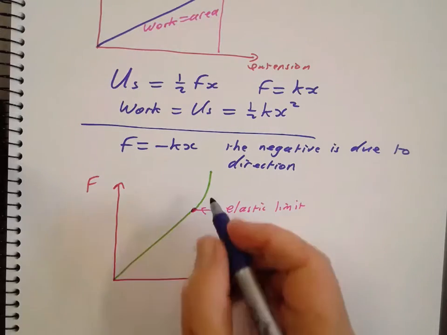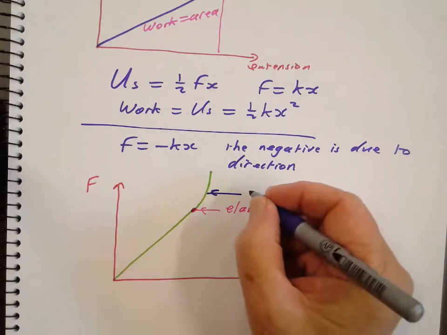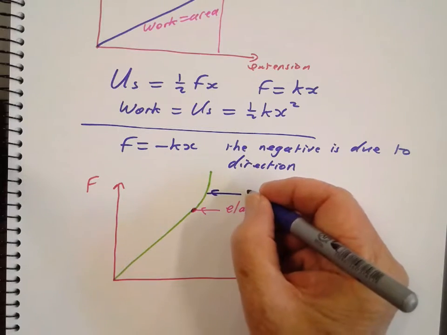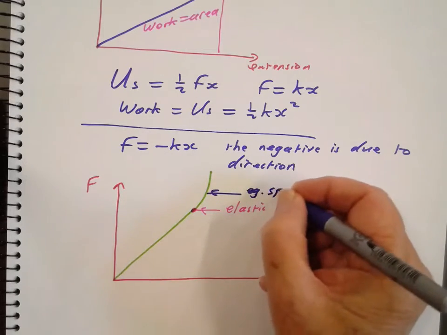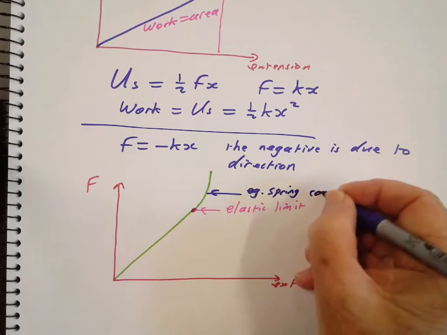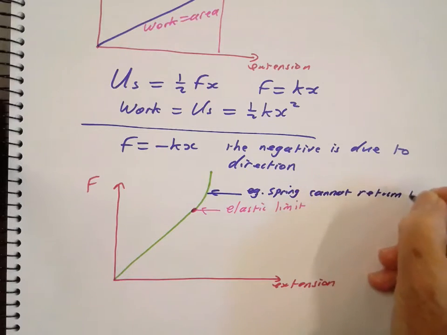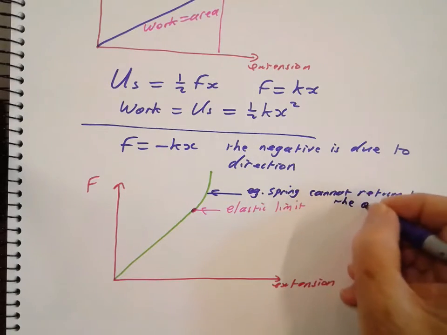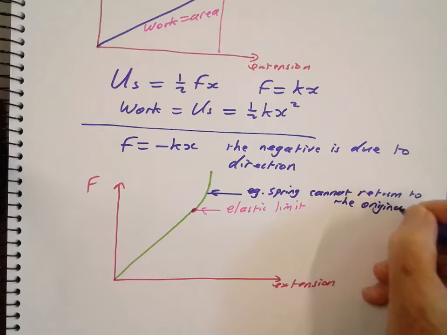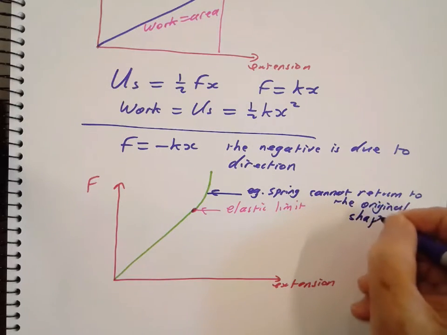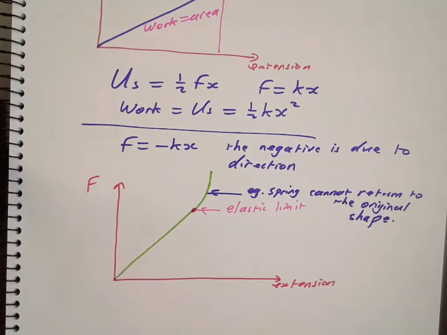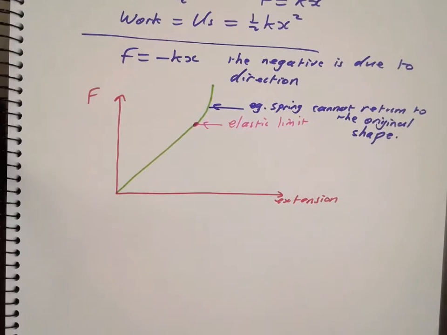Once we reach this part up here of the graph, the example, so example rubber band or spring, cannot return to the original shape. So it's impossible for it to return to the original shape at that point. Okay, so the thing about energy interchange of springs we'll talk about in class.